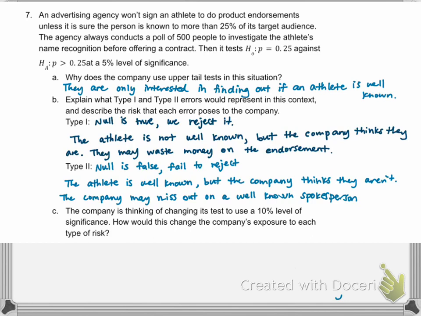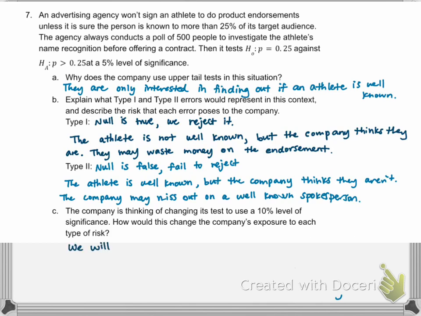The company is thinking of changing its test so that instead of a 5% level of significance, now they go up to 10. If you think about what that does, that makes them reject the null hypothesis more often, which is good. They're seeing something interesting more often. It's going to increase the power of the test where they correctly identify that something interesting is going on.